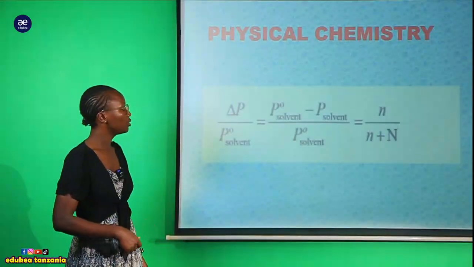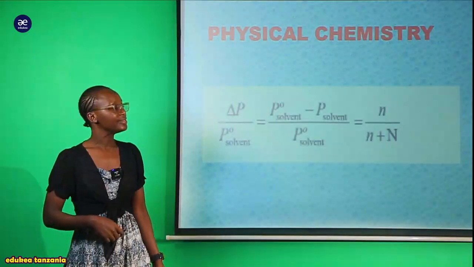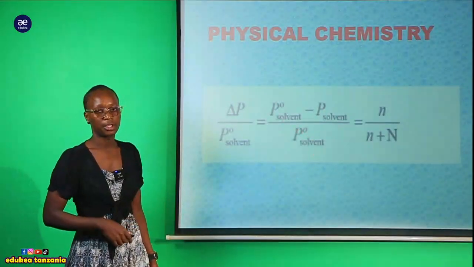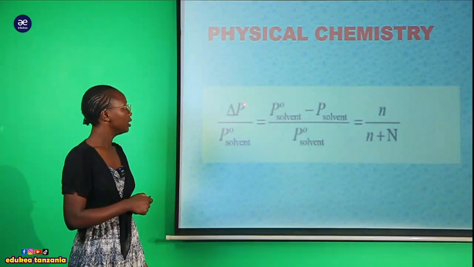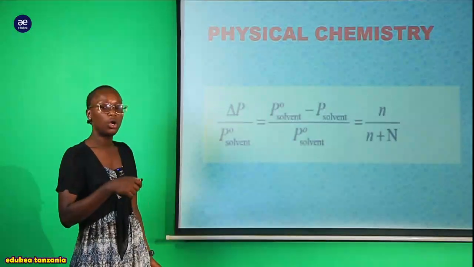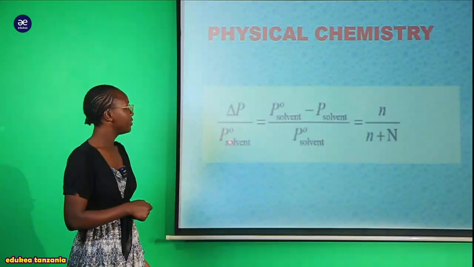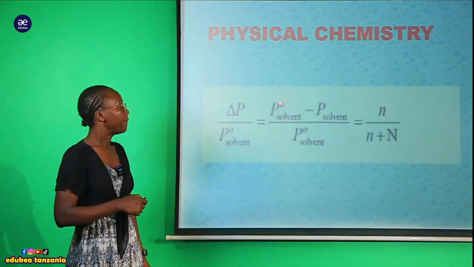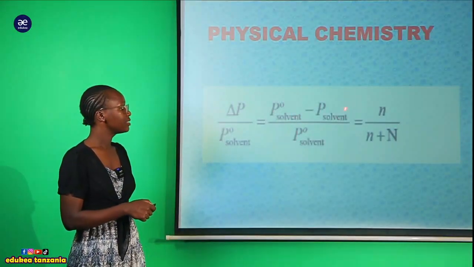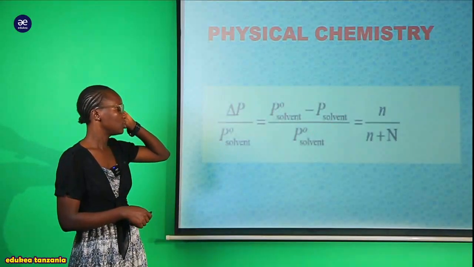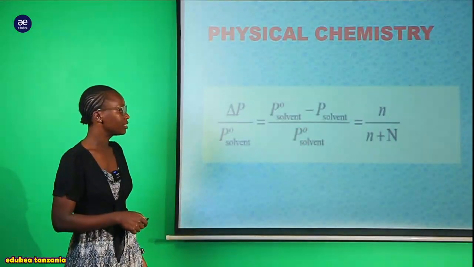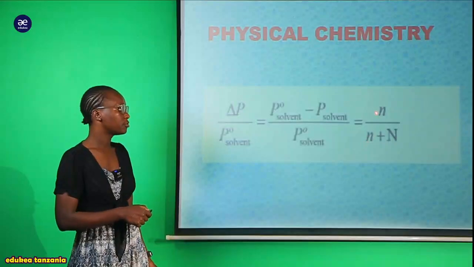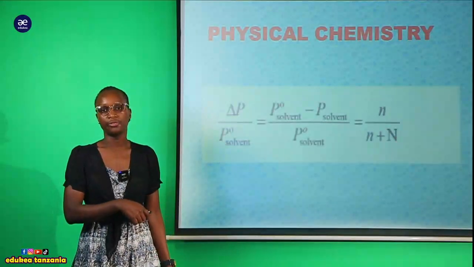So now let us see once we combine these equations. Tunapo combine hizi equations tunaenda kupata kitu gani? So simply once we combine this equation tunaenda kupata kitu kama hiki, kwamba change in vapor pressure or lowering vapor pressure over the vapor pressure of the pure solvent is equal to pure vapor pressure of the solvent minus the vapor pressure of the solvent over pure vapor pressure of the solvent, which is equal to the number of mole of solute over number of mole of solute plus number of mole of solvent.